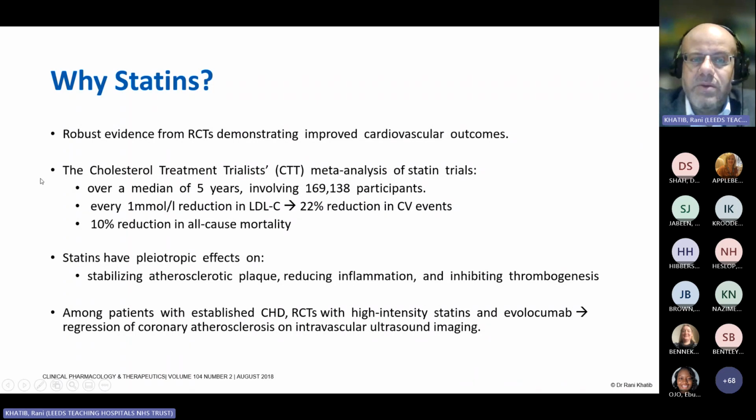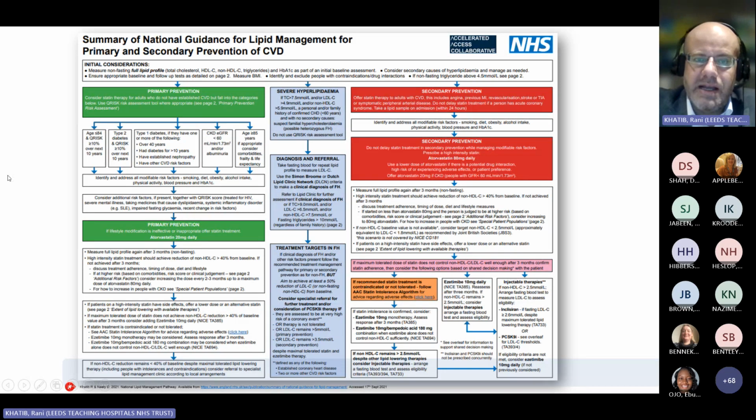For that reason, we really like our patients to be on statins as first line, and our national guidelines recommend statins as first line therapy, and also international guidelines, of course. So we always try to put our patients on statins, and as a general rule, being on some statin is better than not being on any.